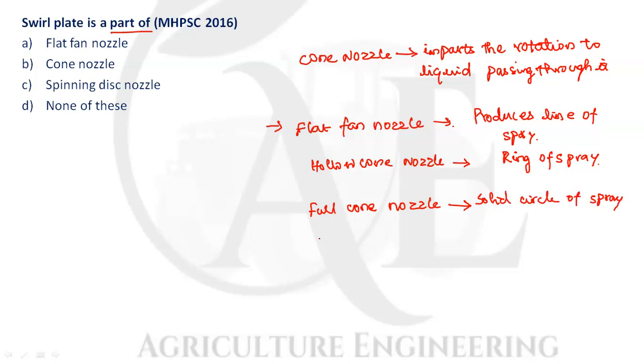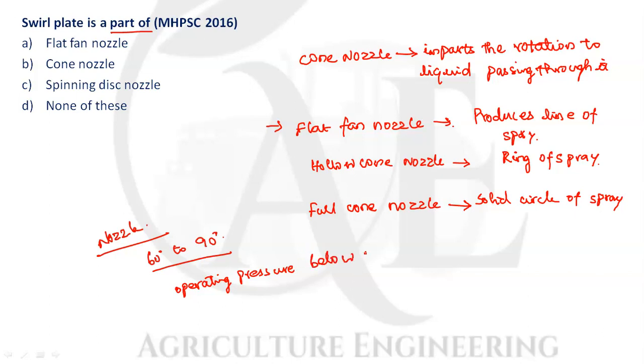Nozzles on field sprayers commonly have an angle of 60 degrees to 90 degrees. The operating pressure of the nozzle varies below 1.5 kg per centimeter square. So this is what you should know about nozzles. Option B, cone nozzle, is the correct answer.